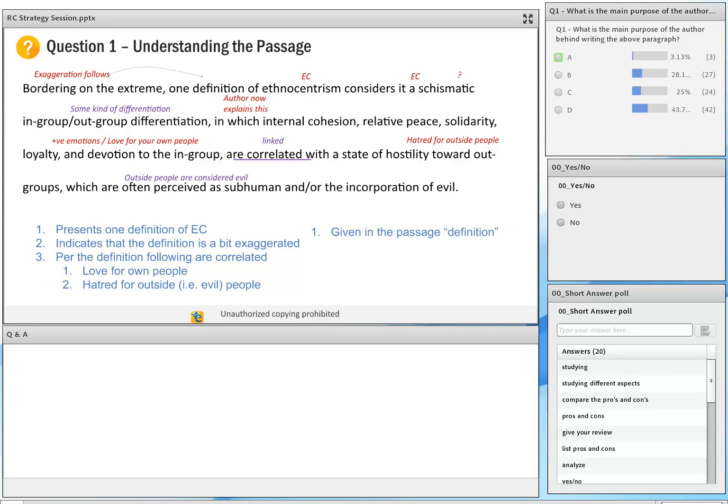How many of you did that? That's one of the reasons why you would have selected choice B. You saw positives and you saw negatives listed, right? So quite a few of you, right? Now, another thing, that choice said enlisting its various features. Now, if you look at it, internal cohesion, relative peace, solidarity, loyalty, devotion, these are multiple things stated, right?